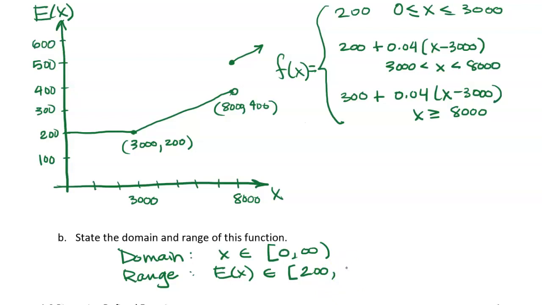And she could earn as much as she wants because there's no upper limit on the sales. So there's no upper limit on her earnings, right? So we're going to say to infinity. Realistically, she's only got so many hours in the day, but there's no upper limit that we know of. So we're just going to say infinity.